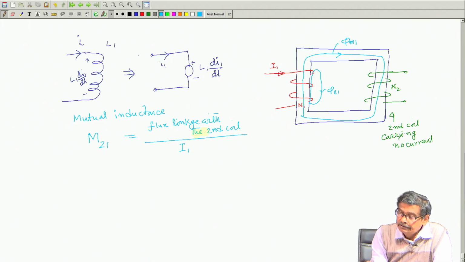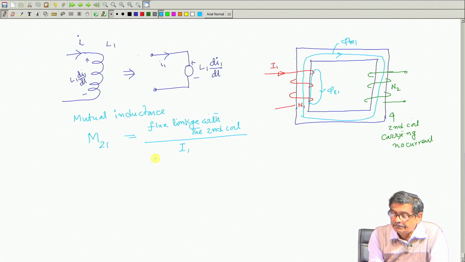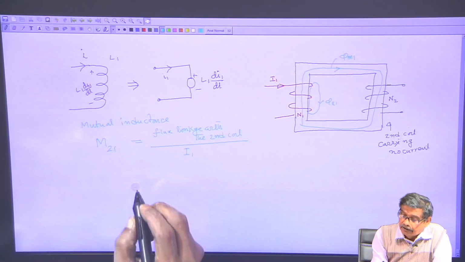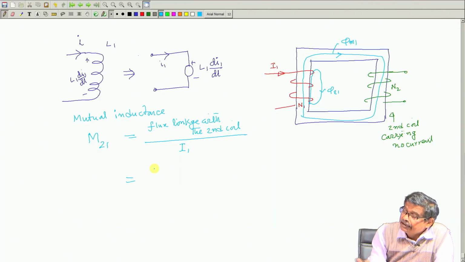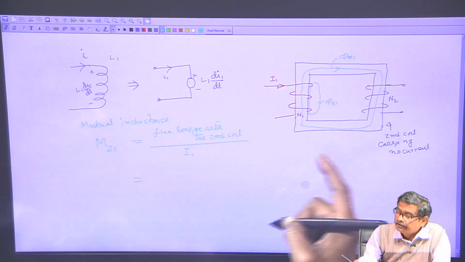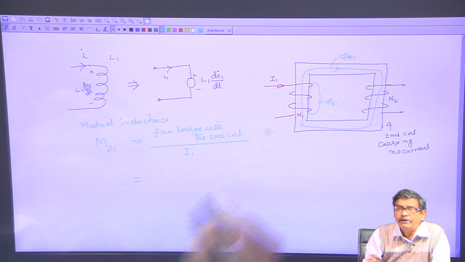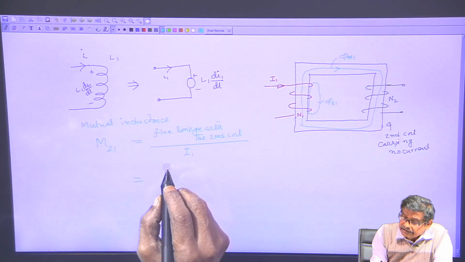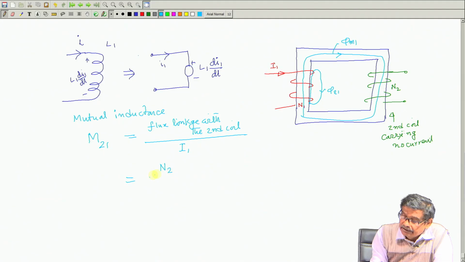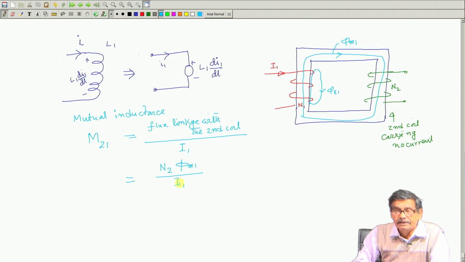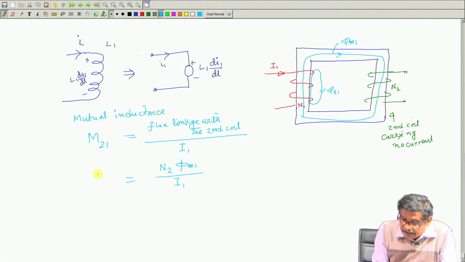So, for I1, whatever the flux linkage, for 1 ampere, what is the flux linkage per ampere in the second coil? Now, obviously, it is the mutual flux which is going to link the second coil; phi L1 will only link the first coil. So, I should write it then: flux linkage with the second coil will be N2 into phi m1, divided by I1, that is M21.